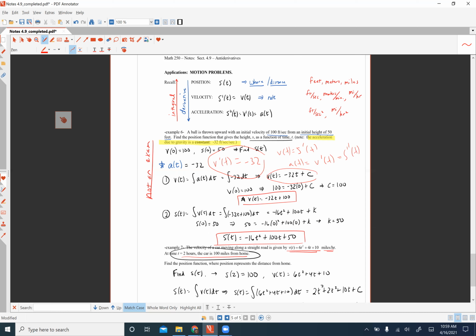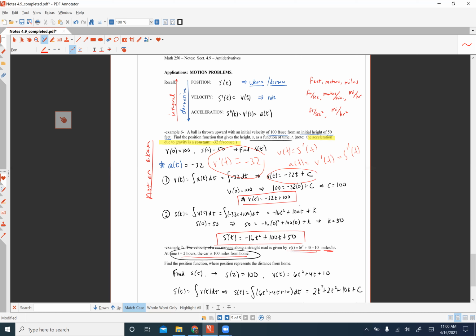We're told that when t is 0, the velocity is 100. So how do we solve for c here? You plug that in: 100 equals minus 32 times 0 plus c, so c is equal to 100. So the velocity function is minus 32t plus 100.